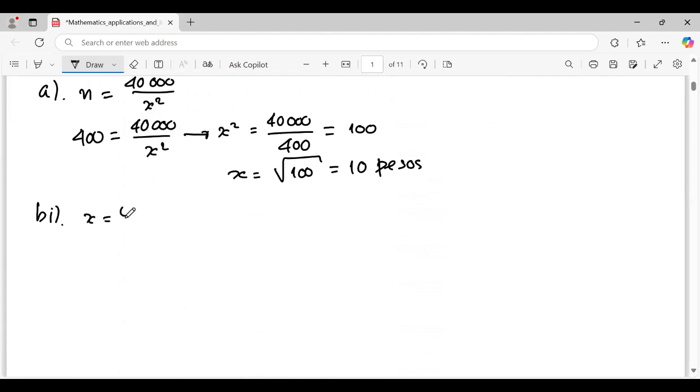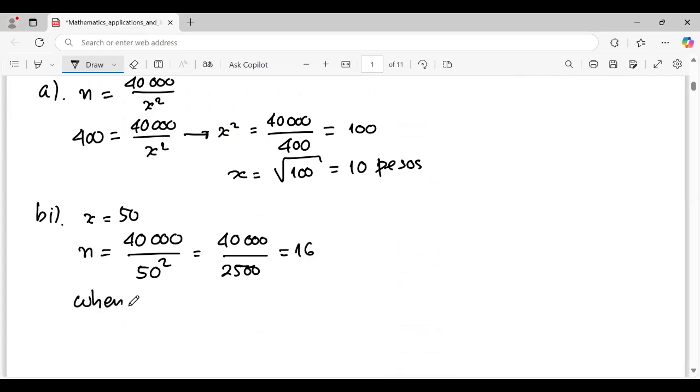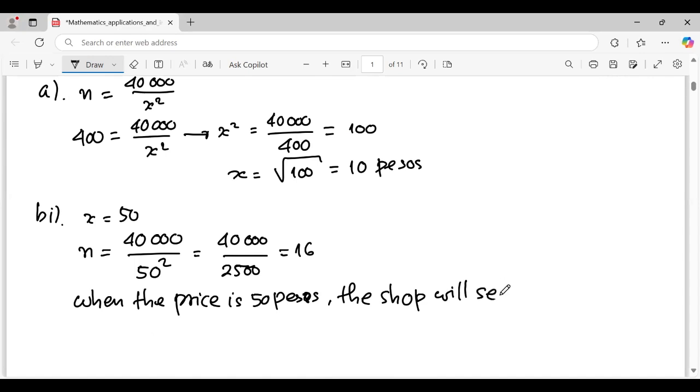If x equals 50, the price equals 50, so the number of smoothies equals 40,000 over 50 squared, which is 40,000 over 2,500, so 16. So when the price is 50 pesos, the shop will sell 16 smoothies.